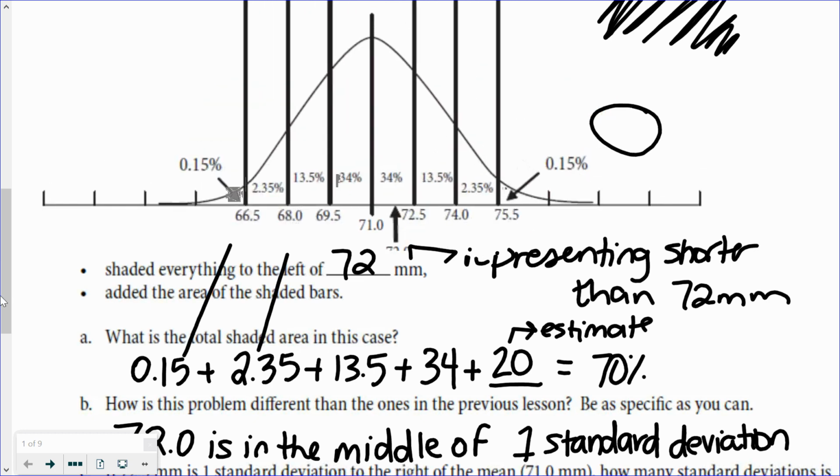If we were looking at like 68.5, what we would get when we calculate out that Z-score is actually a negative value, because that's the mean subtract standard deviation. So those are standard deviations below the mean. So if you get a negative number, it is fine. Don't stress out.